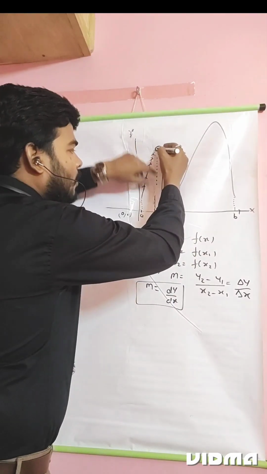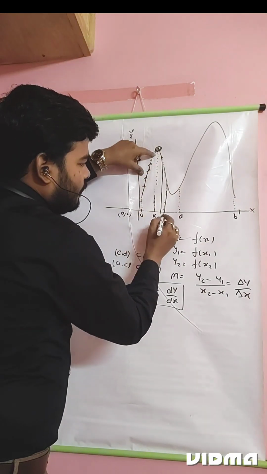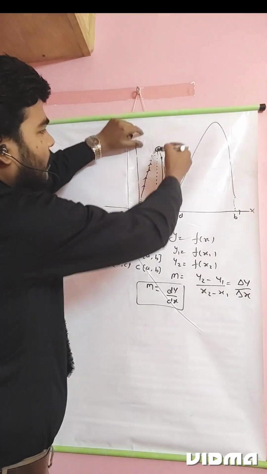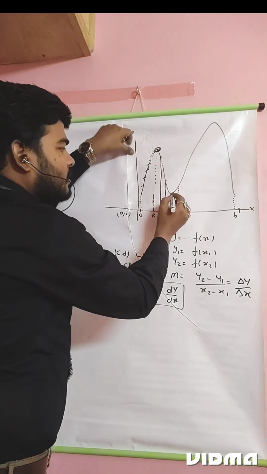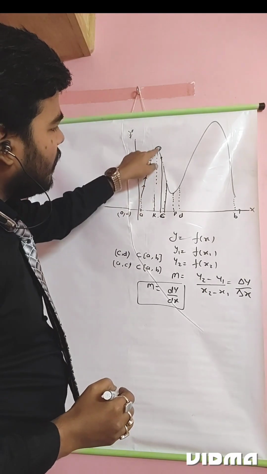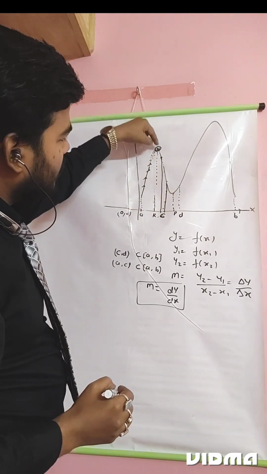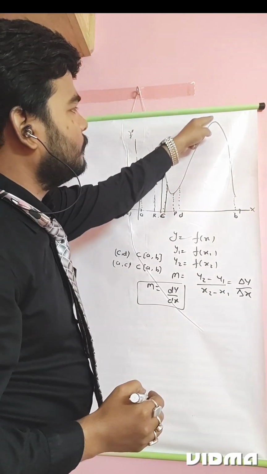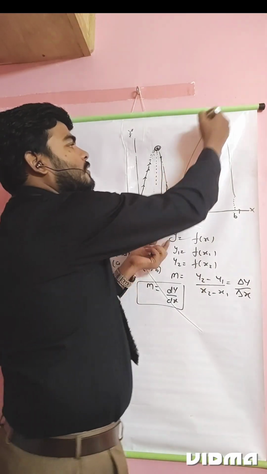Secondly, from C to D, after K, the curve starts decreasing. Suppose that this is the point P. Before P, the curve is decreasing, and after P, the curve starts increasing again.